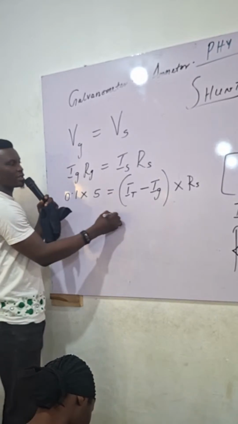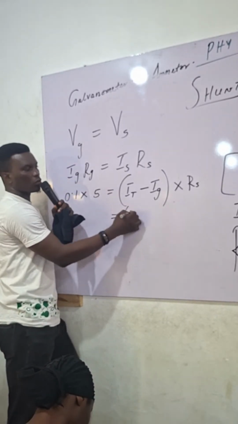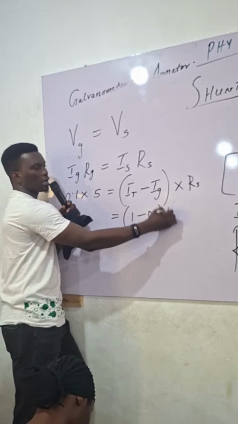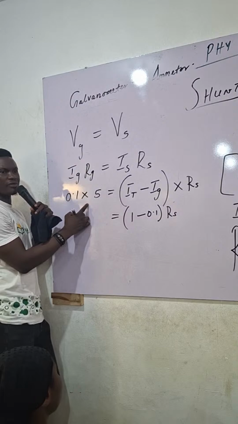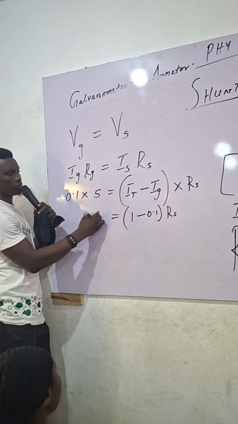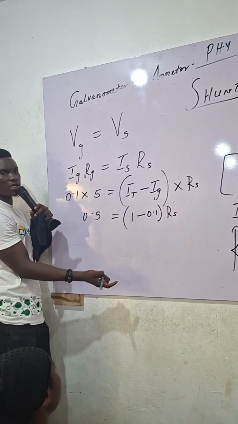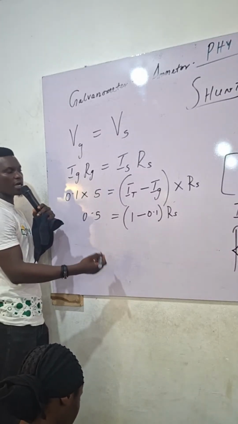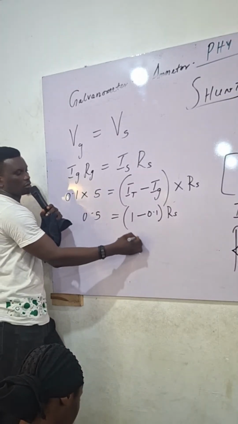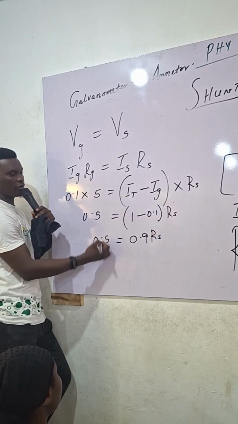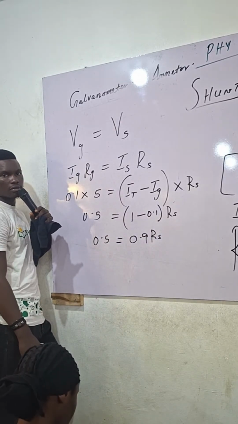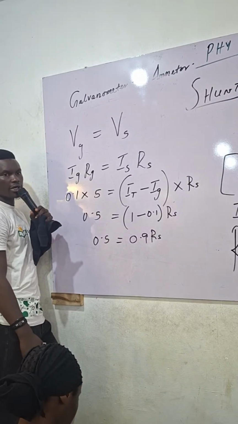So now I can say, what's my total? 1 minus 0.1 times Rs is equal to 0.5. So now 1 minus 0.1 is what? 0.9 Rs equals 0.5. So can you do the rest?